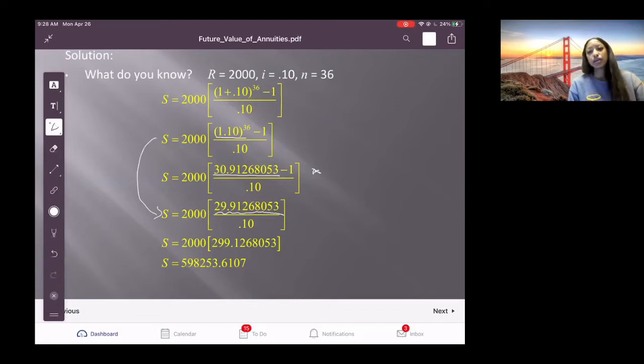Again, you don't have to simplify in all of the steps that I do or show here. But it sounds like your numerator simplified to 29.91268. And I'll put it in my calculator again with you guys. 1.10 to the 36th power minus 1. Yeah, I got the same answer, 29.912688053.